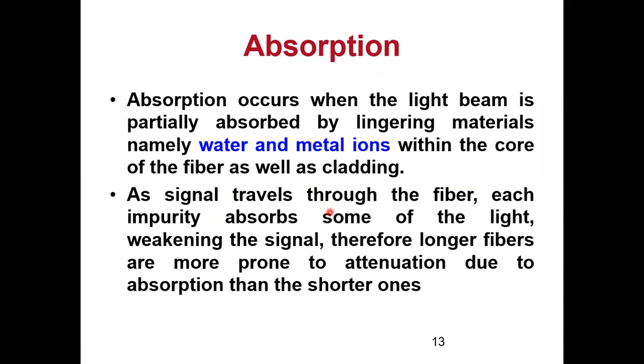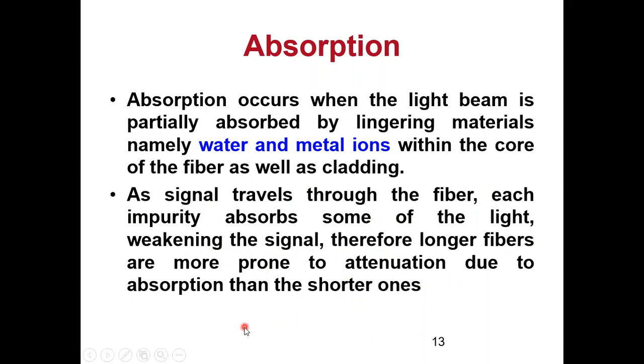So the impurity is already present in the structure. As the light is striking that particular impurity, it is absorbing the light. Absorbing light, so my overall light is reduced, so my signal gets weak. So it absorbs some of the light, it weakens the signal. Therefore, the longer the fiber, the more foreign particles there will be. So they are more prone to attenuation.